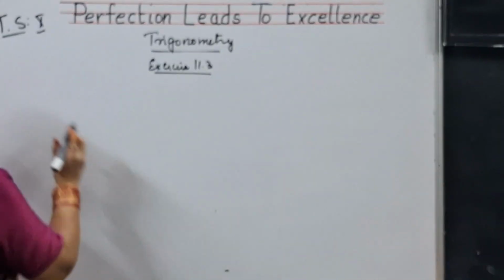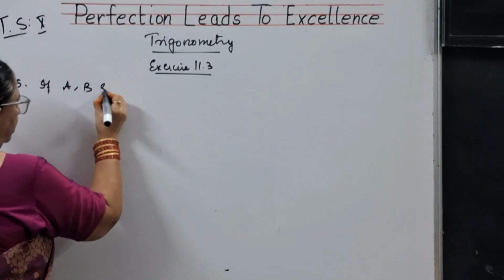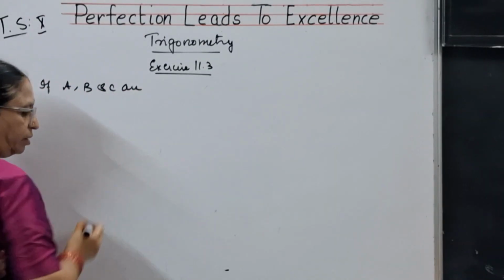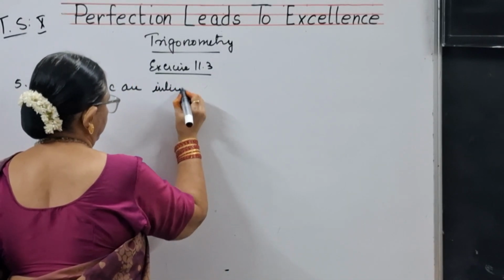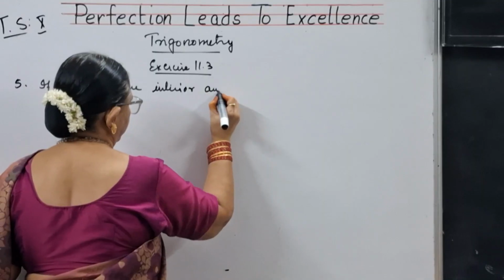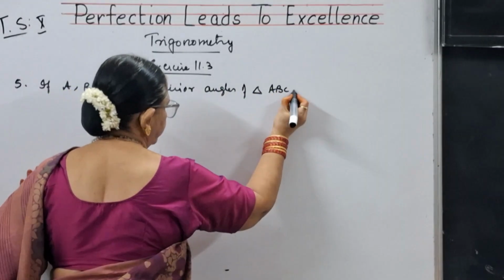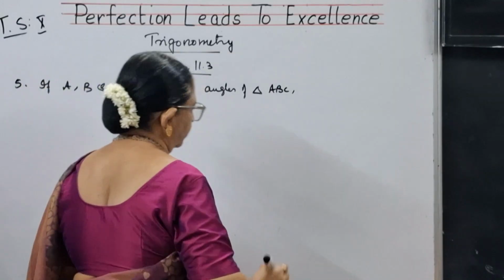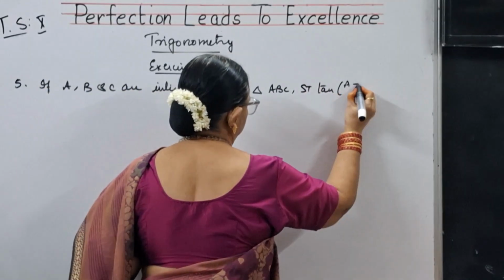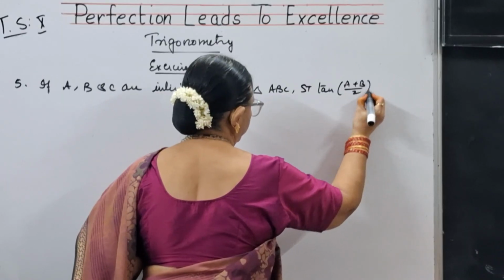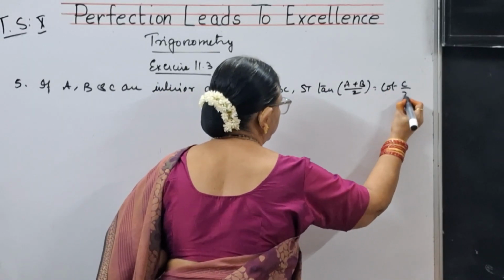Fifth problem. If A, B and C are interior angles of triangle ABC, show that tan of (A plus B) by 2 is equal to cot of C by 2.